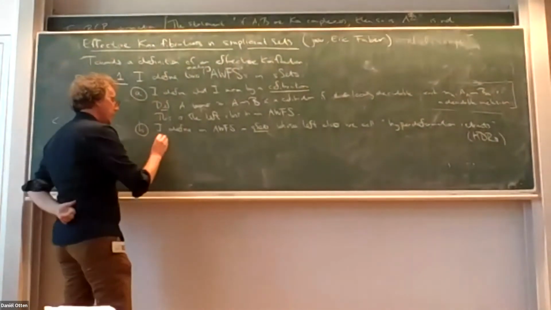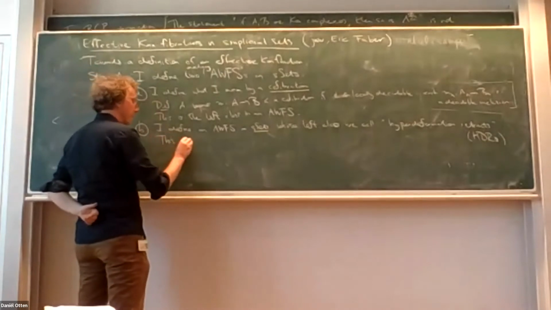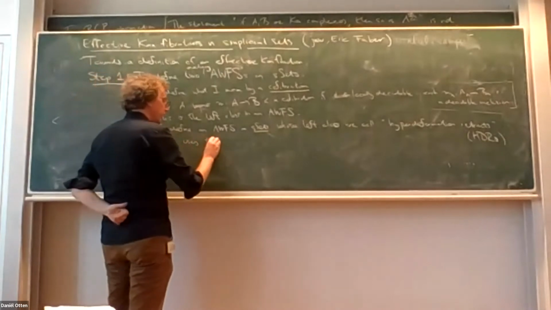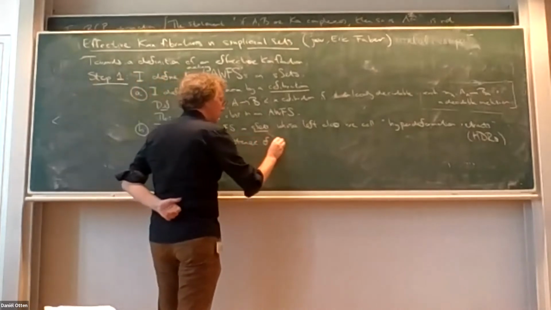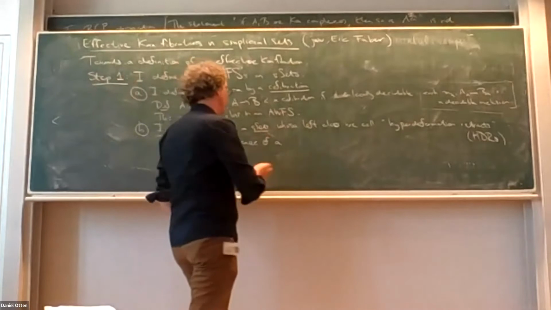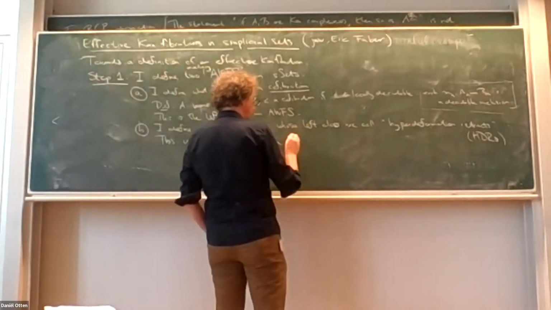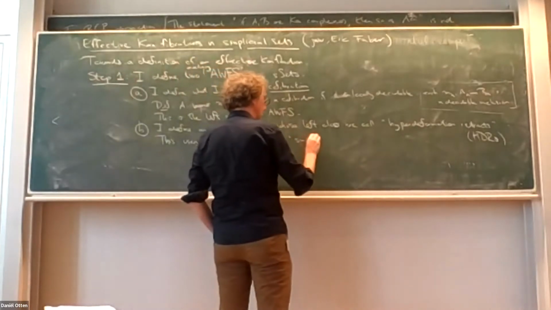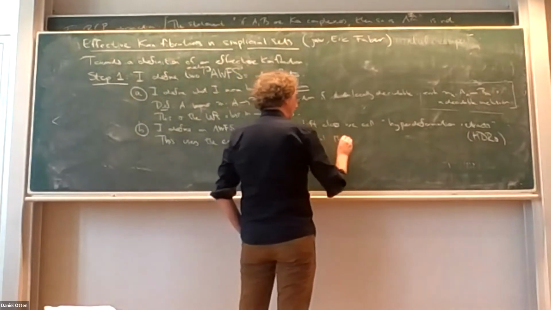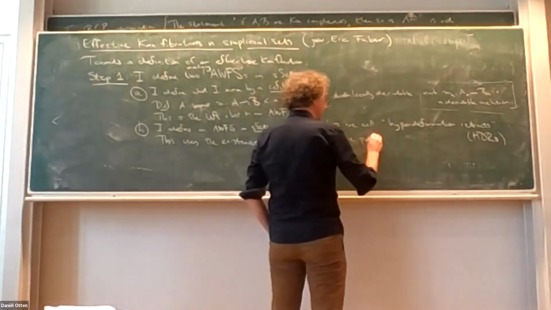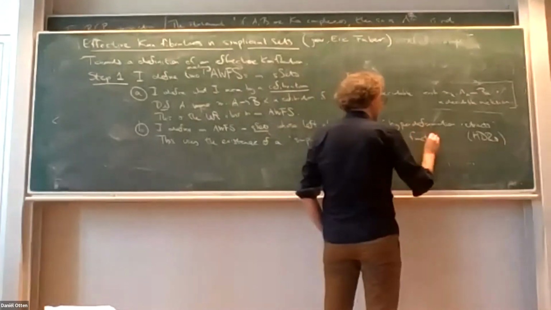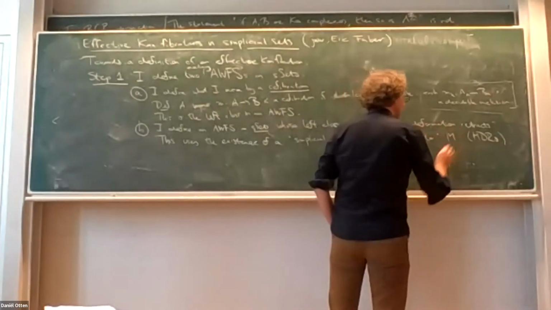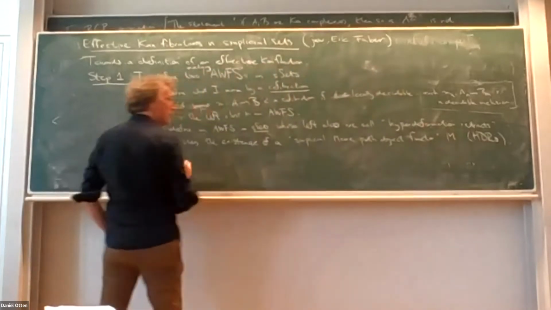Okay, so this uses the existence of a kind of simplicial Moore path object on simplicial sets.